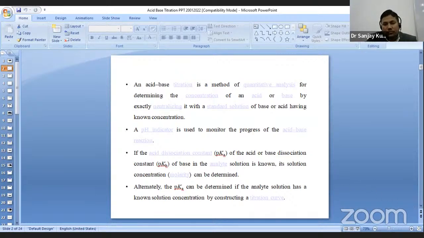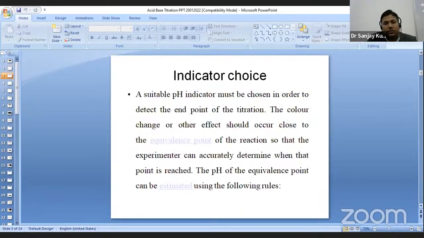Indicator choice means we have different indicators, either for acidic or basic phases. A suitable pH indicator is chosen in order to detect the endpoint. The endpoint is seen as a color change.